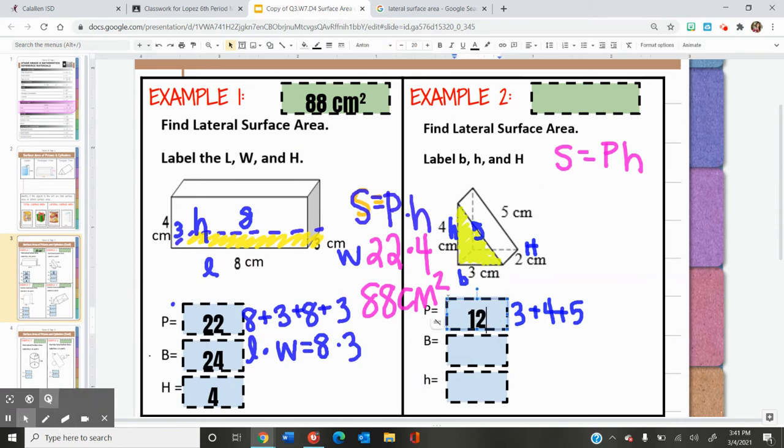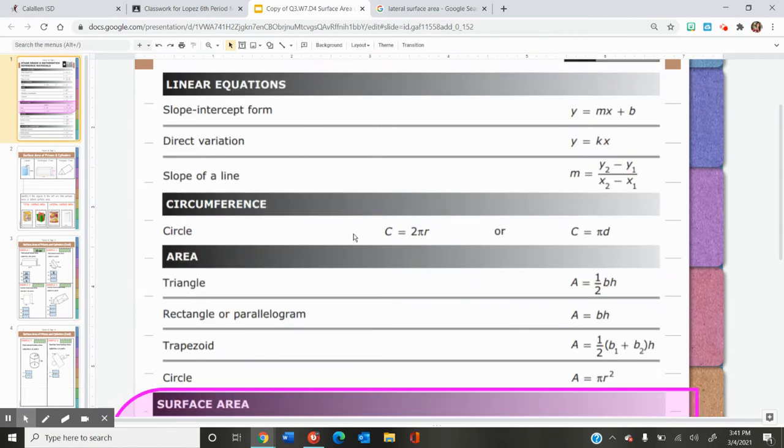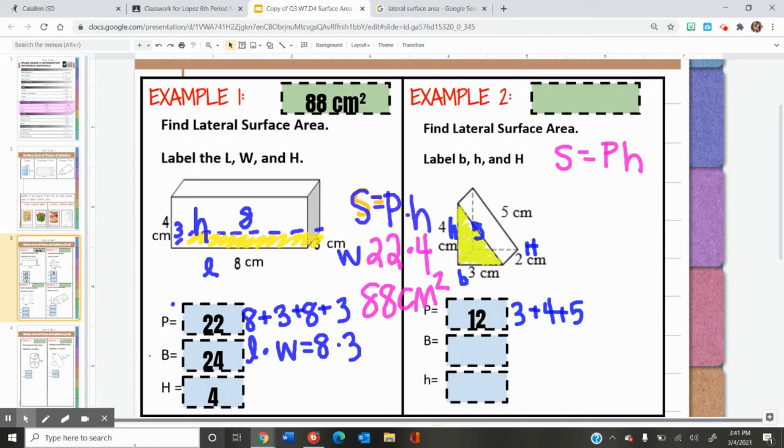Now, this capital B again stands for the area of your base. Since my base shape is a triangle, I need to find the formula for the area of a triangle. Going to the area section on my formula chart, it tells me that the formula for the area of a triangle is 1/2 base times height. So I'm going to copy down that formula. This is 1/2 times base times height.